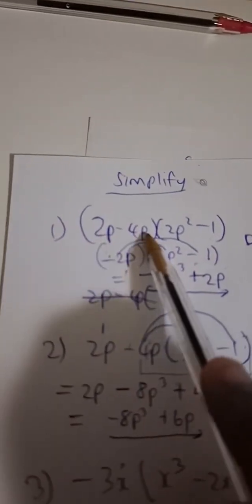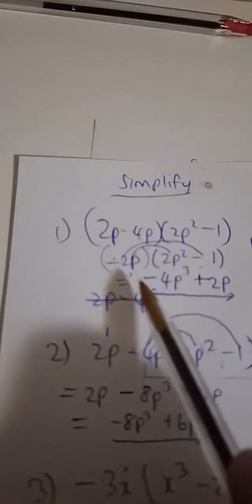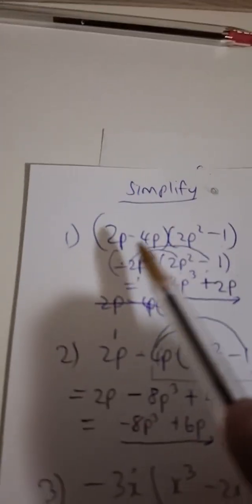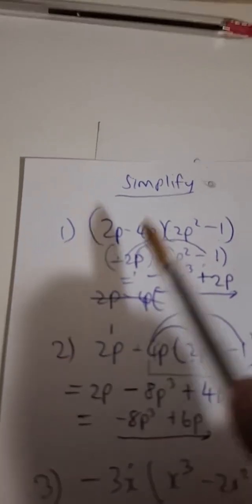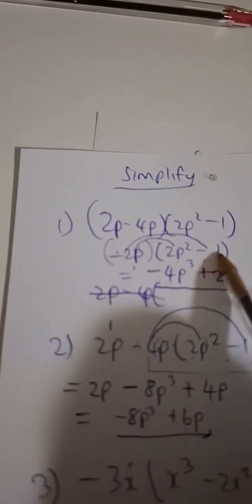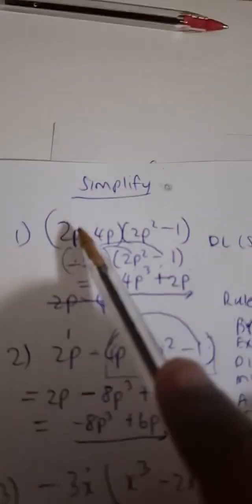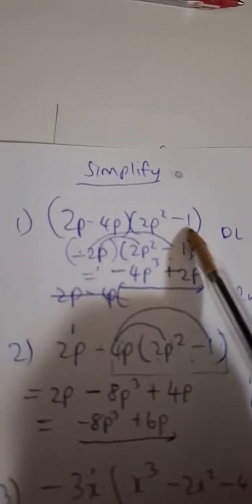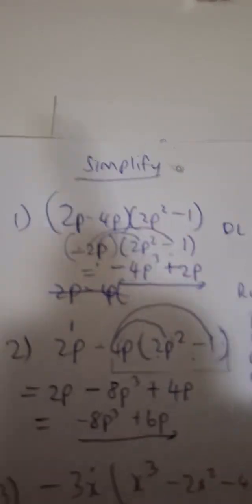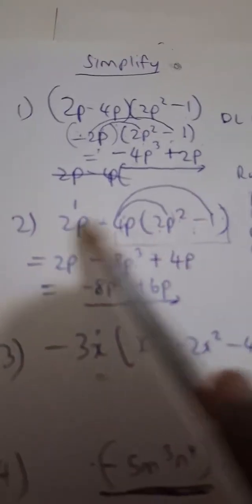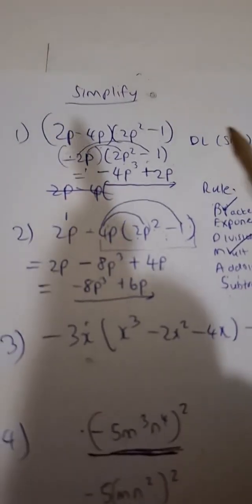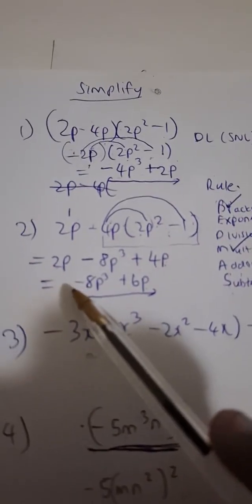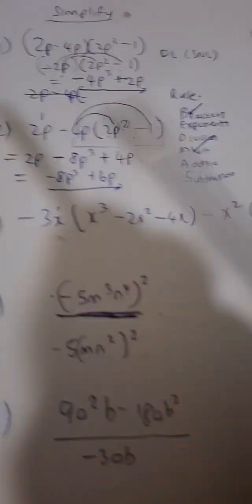So what's 2p minus 4p? It's negative 2p in the bracket. Then we can apply the distributive law because it's a monomial by a binomial. This question here is different from this one. When I asked you how many terms there are here, you said there is one term. But when I asked you how many terms there are here, you said there are 2 terms. Okay, so it's very important, that thing.